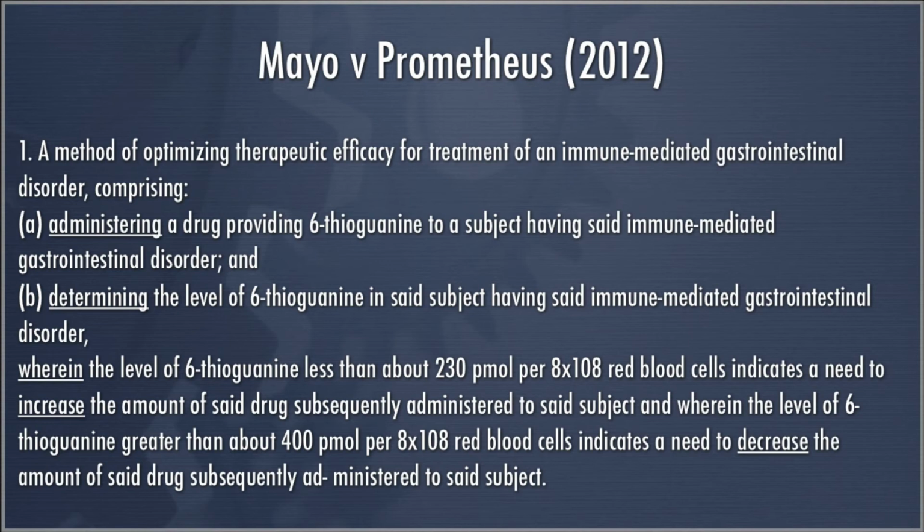If you have an amount less than 230 of a particular material, then you need to increase the amount of the drug. If you have greater than 400, you need to decrease the amount of drug. Basically a core relationship, and the other components of the claim are to administer and then determine, right?